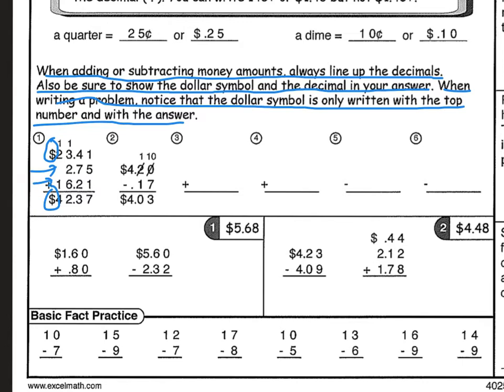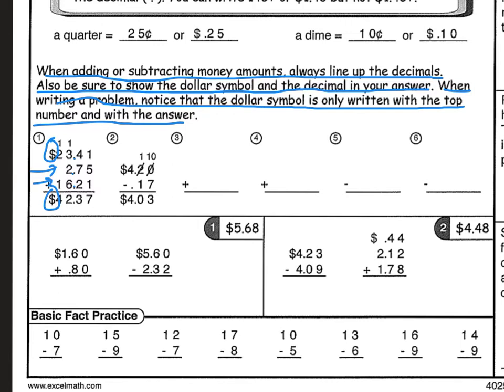All right, let's check out how we add these money amounts up here. Notice the decimal points are all lined up with each other, and that keeps the ones place lined up, the tens place lined up, the tenths place, the dimes, the pennies all lined up. We're going to add pennies to pennies and dimes and so on.